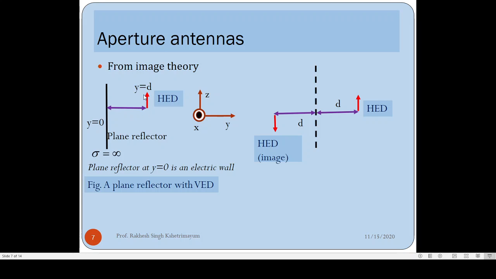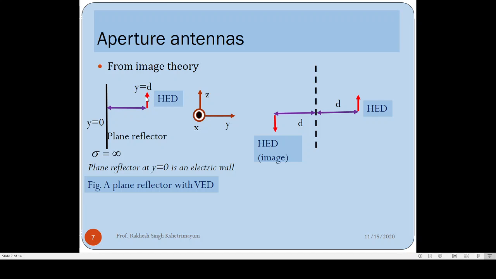This was the z-directed dipole, but because of this flat plate reflector at y equal to 0, if the plane reflector is large enough, I can assume it is a perfect electric conductor. With respect to this perfect electric conductor in the finite plane, this dipole now looks like a horizontal electric dipole.